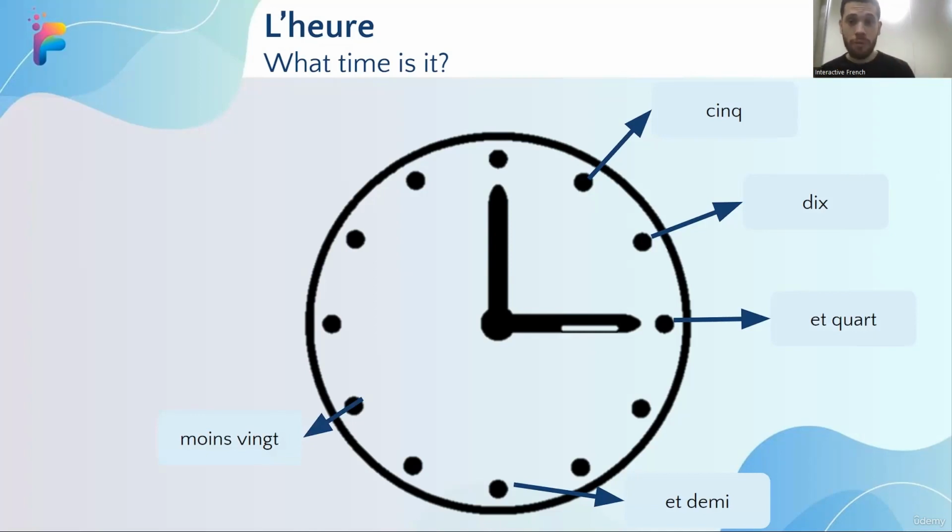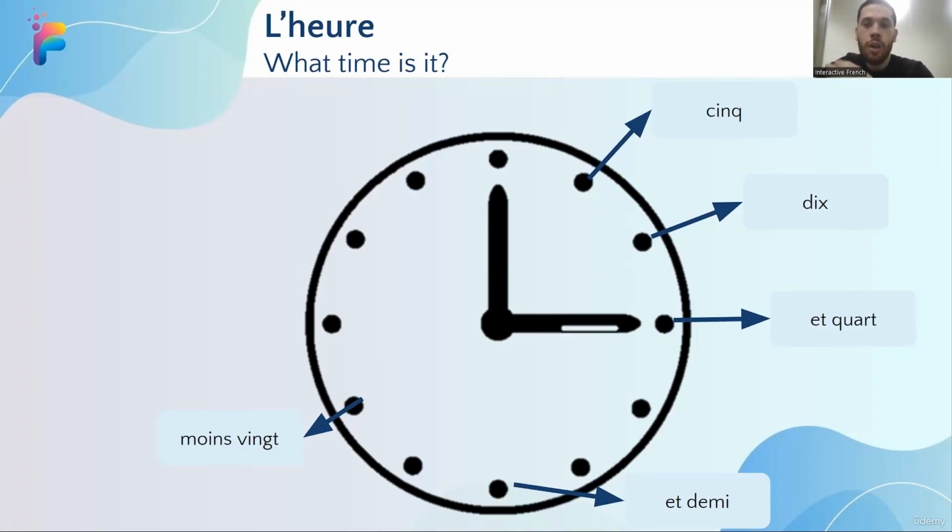All right, now we're moving to something slightly more difficult, okay? So bear with me here. You know how in English you can say 20 to, quarter to, and so on. We also have that in French. It's just formulated slightly differently. If it's 20 to 2, okay, 20 to 2 o'clock, you would say il est 2h moins 20.